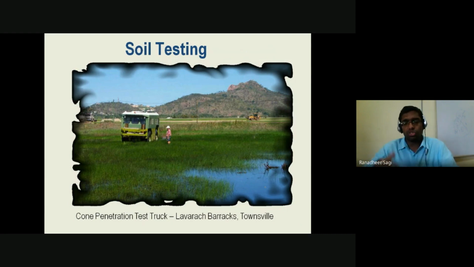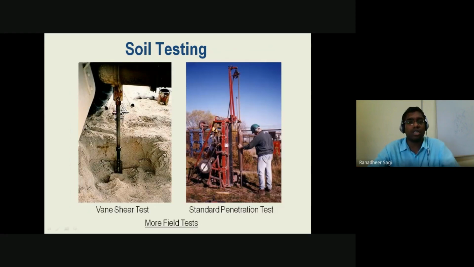Some of those field tests could be the cone penetration test, the vane shear test, the standard penetration test, the plate load test, the pressure meter test, and various other field tests that we will be coming across, according to the necessity of what type of soil property we are trying to determine.